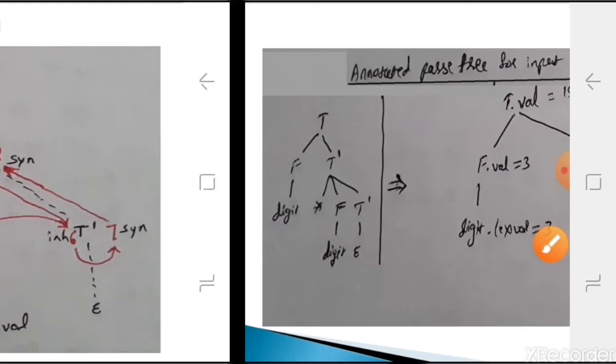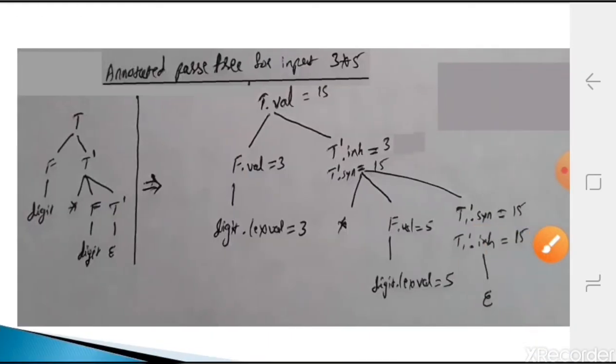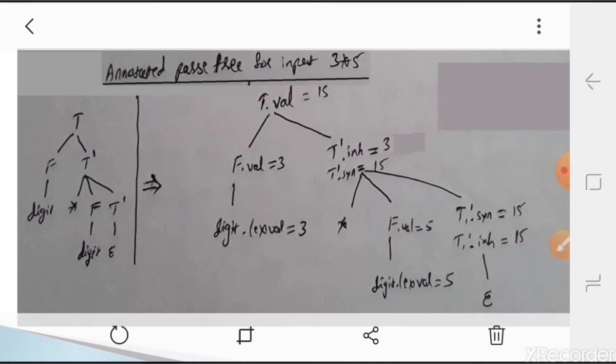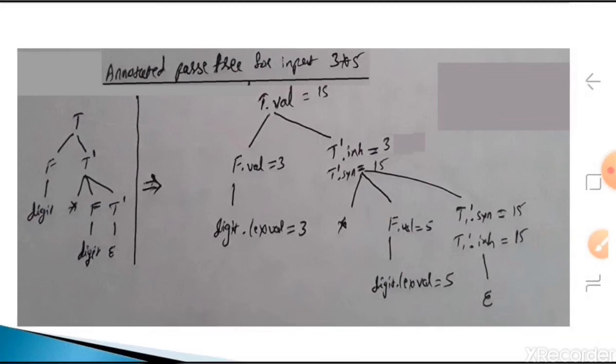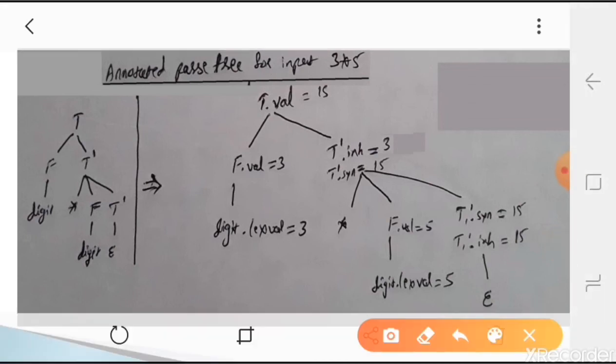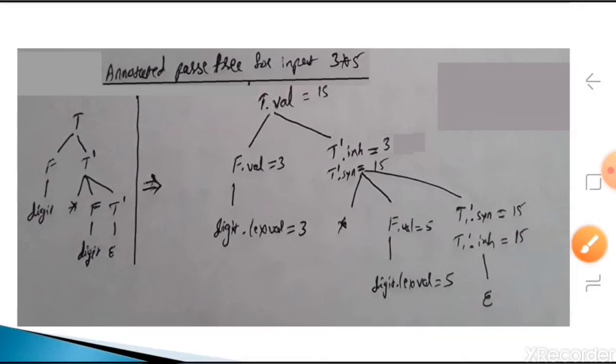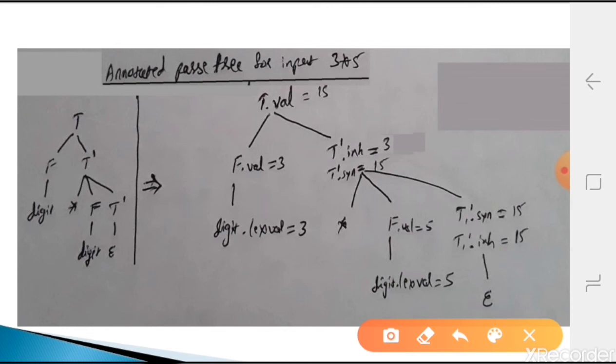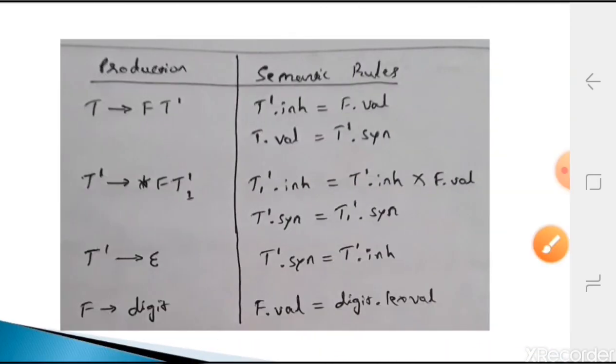Now we have to check which one I can evaluate, since some attributes are there, here also. Let's check this node, which has T.val. It is T producing F T'.